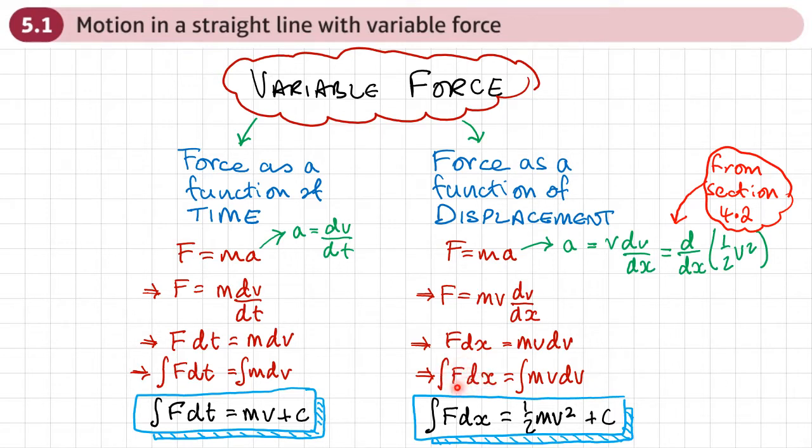This is going to be a function of x, equals mv dv. Now m is just a constant, so when we integrate this, it will be half mv squared, then our constant of integration. So our full expression, when we've got force as a function of displacement, is the integration of F with respect to x equals half mv squared plus c, our constant of integration.